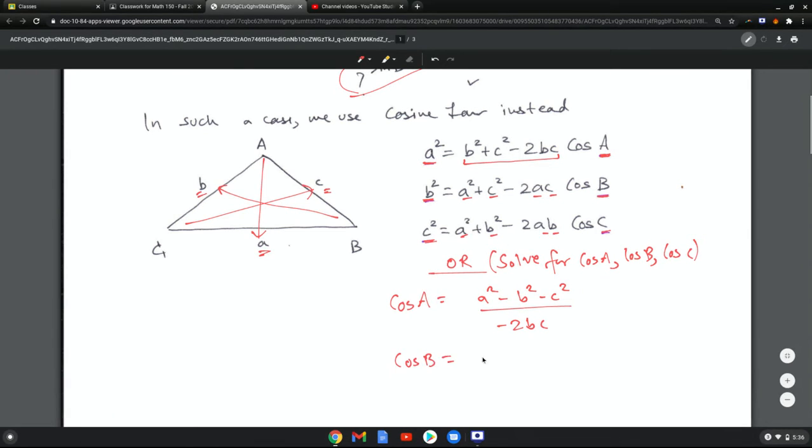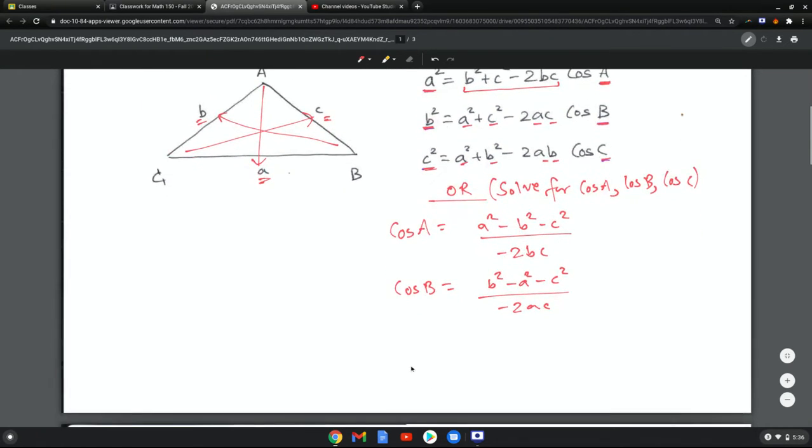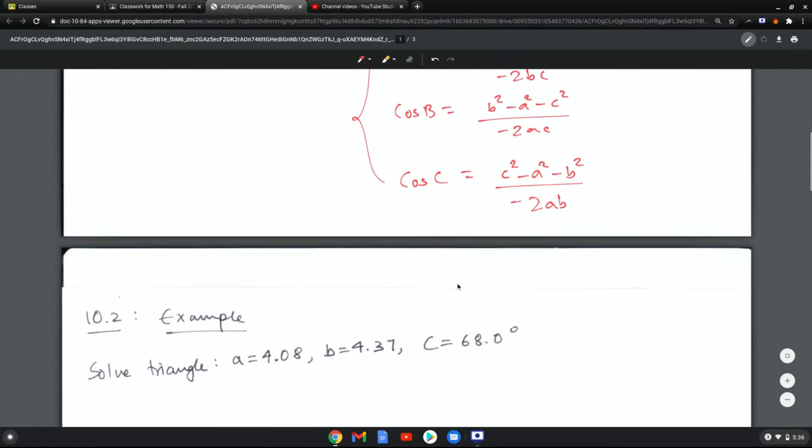Similarly, cosine B is b squared minus a squared minus c squared over negative 2ac. And cosine C is going to be c squared minus a squared minus b squared over negative 2ab. Okay, this is giving you the same information, except in this form, it can be used to find the angles A, B, and C instead of the sides a, b, and c.